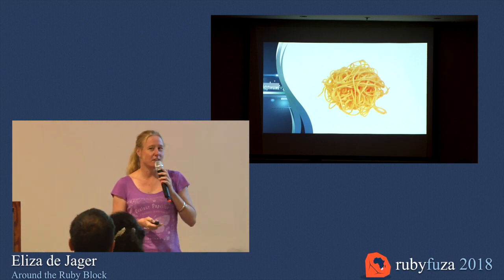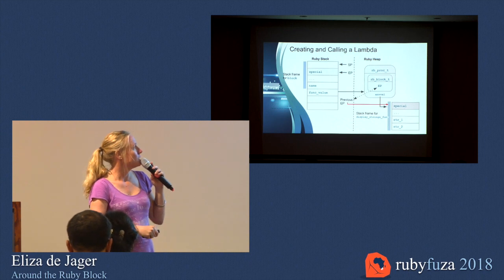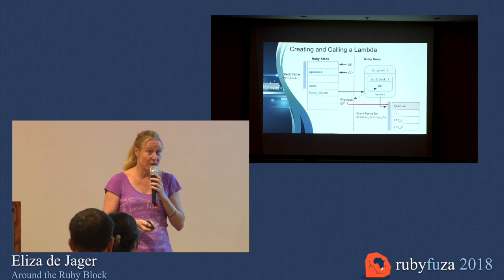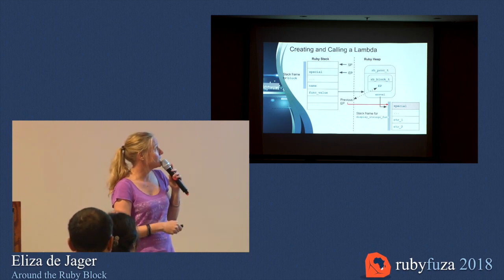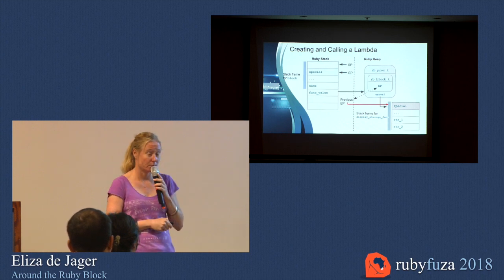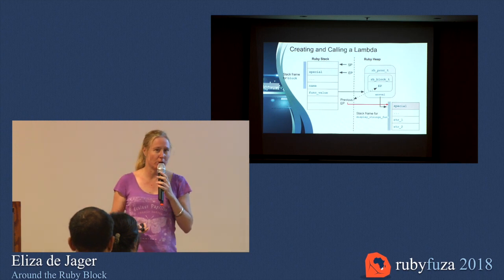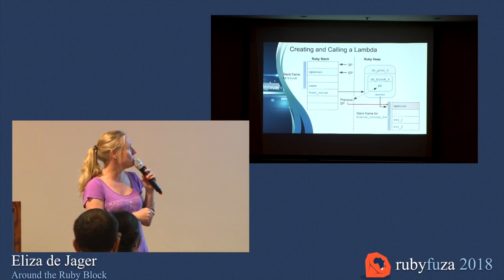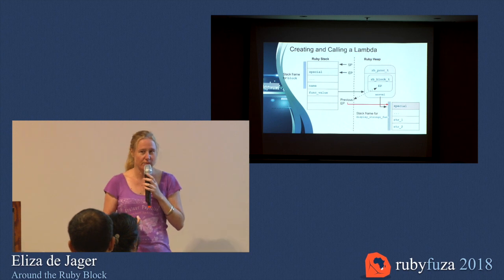But I think the idea here is to remember that when you create a lambda, Ruby creates this copy of the stack frame on the heap. When you execute the lambda, it's this copy of the stack frame that gets used as the environment for this block that executes. I have a theory that that's going to make execution of the block code a bit slow because, as you know, accessing values on the stack is quite a bit faster than accessing the values on the heap, but I'm not 100% sure that Ruby hasn't found a way around this.